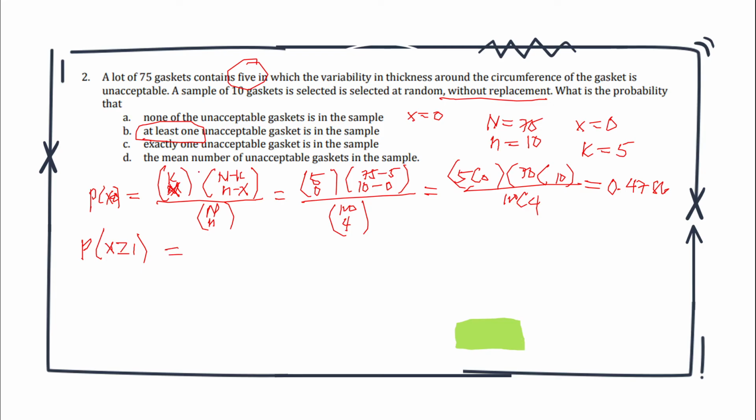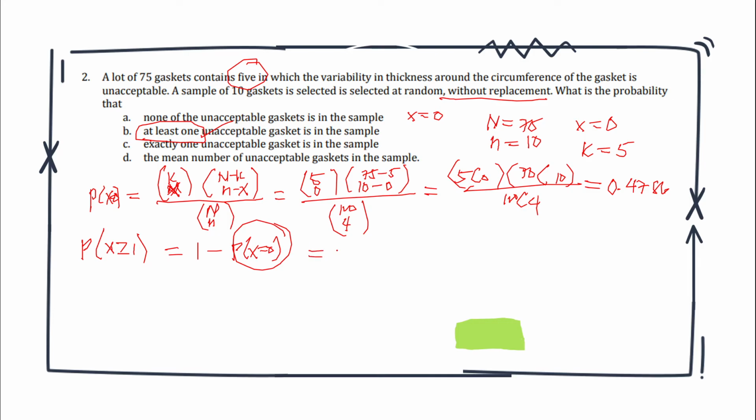That is the complement event. So how to get the complement event? 1 minus the probability of x equal to 0, which gives the at least 1 unacceptable gasket in the sample.